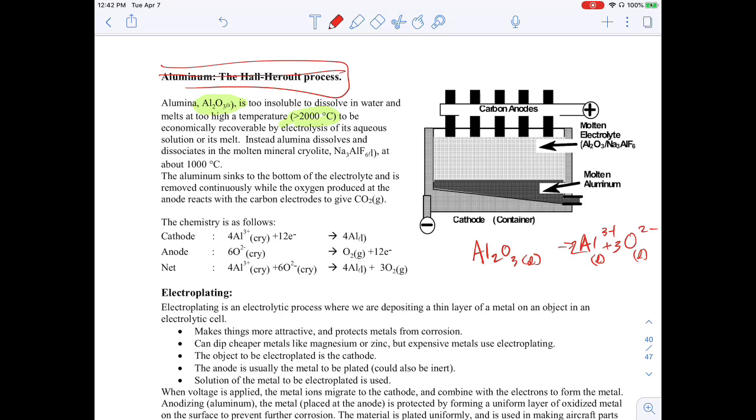So for the longest time, aluminum was an extremely expensive element, but there were two different scientists, one in France and one in America, Hall and Héroult, and they both kind of discovered this at the same time.